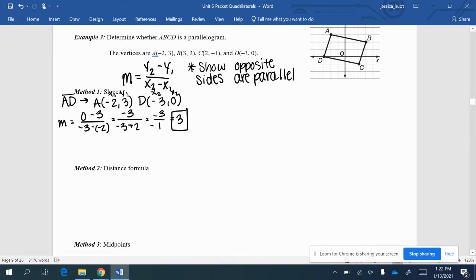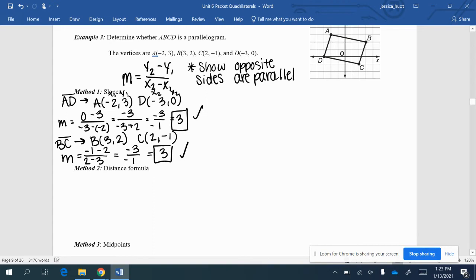And then the opposite side is BC. So B is at 3, 2. C is at 2, -1. Since they have the same slope, AD is parallel to BC.